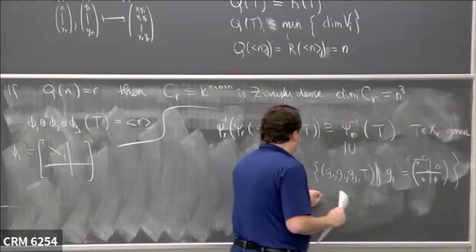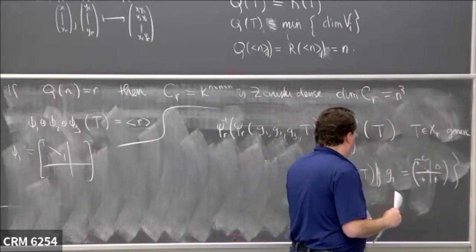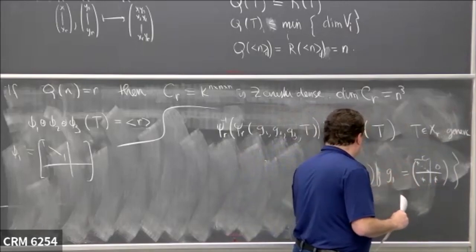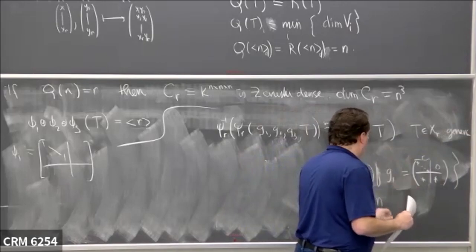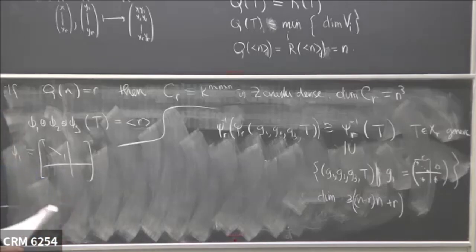So the dimension of that is basically 3 times (n minus r) times (n plus r). And so now we have all these dimensions here.